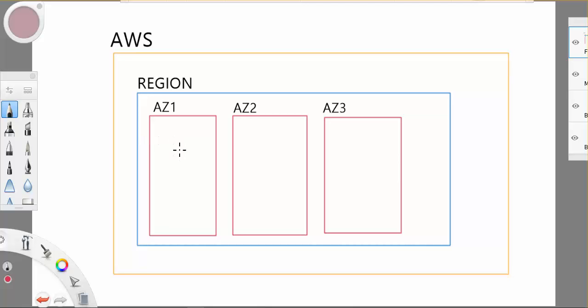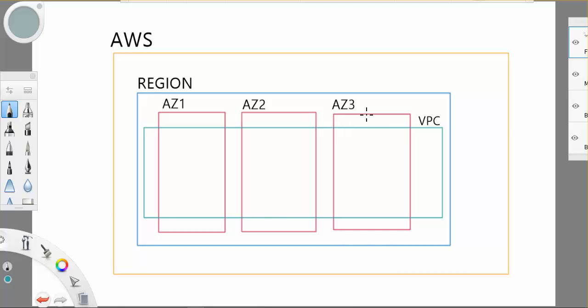Those databases could potentially be inside of each one of the individual availability zones, because your VPC spans multiple availability zones. Okay, so you just need to keep that in mind.